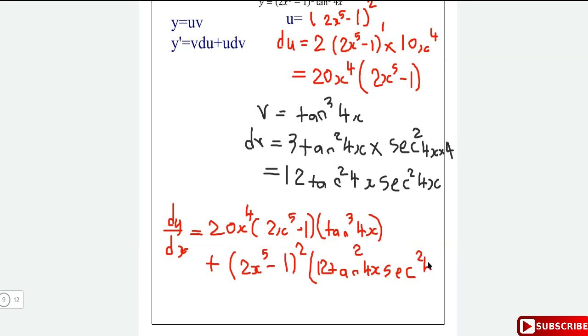Nice and easy, soft. Now, of course, in an exam, you're always going to have to pretty up this answer.